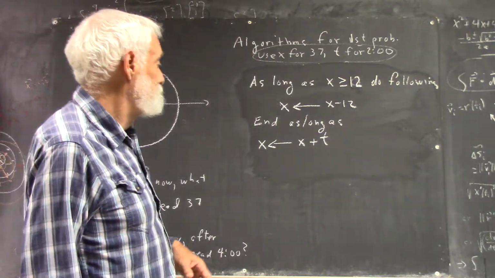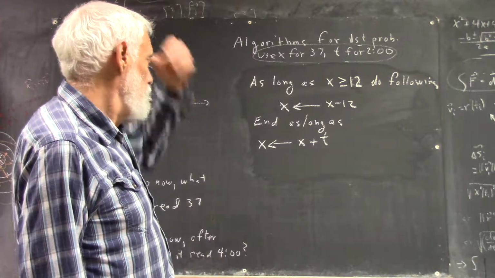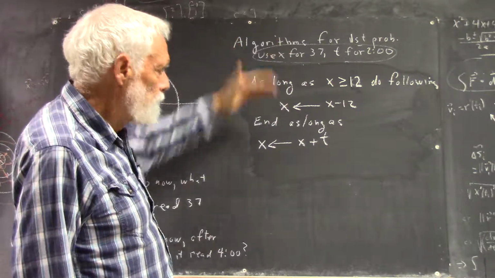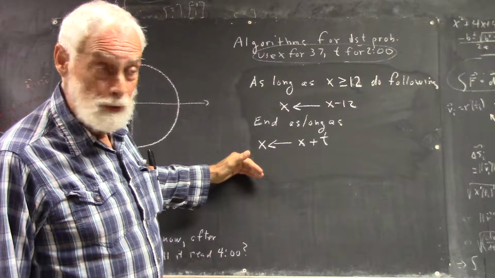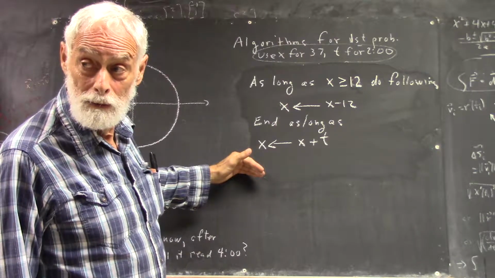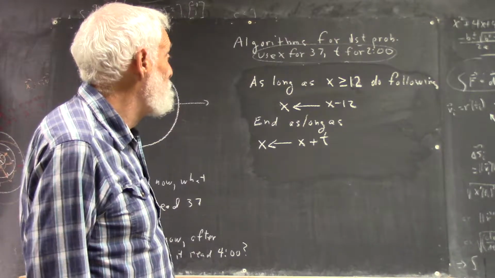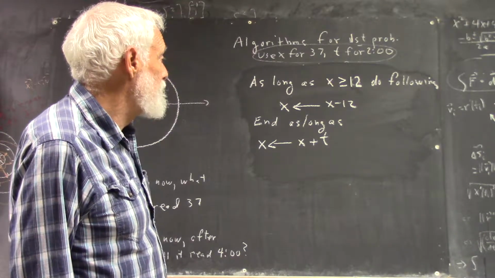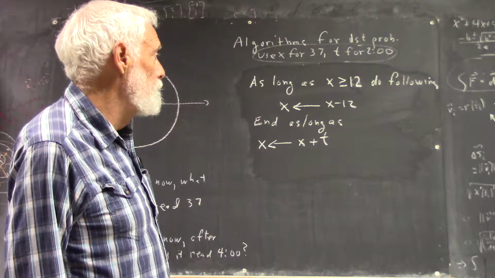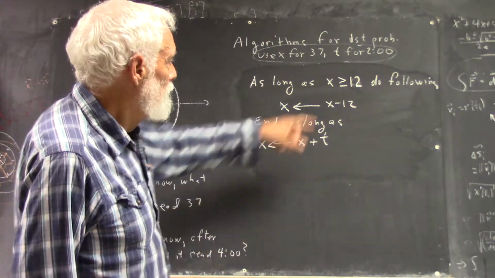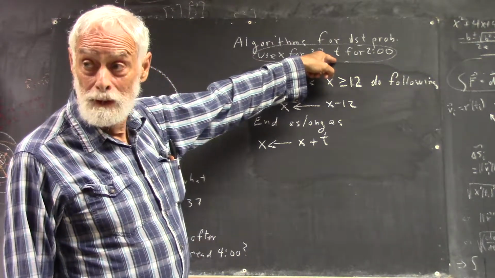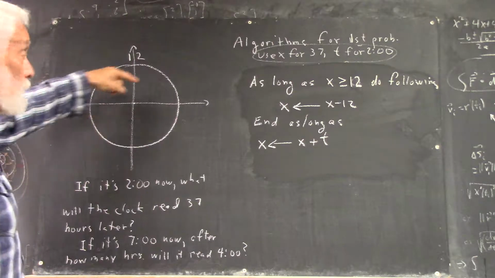If x is 1, will this thing terminate with a number that's between 1 and 12? I'm not going to get into all the detail of that, but I'll just say that t has to be at least 1, because t is a reading on the clock that you start with.